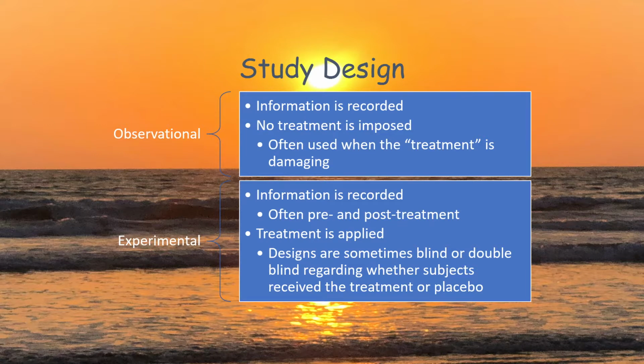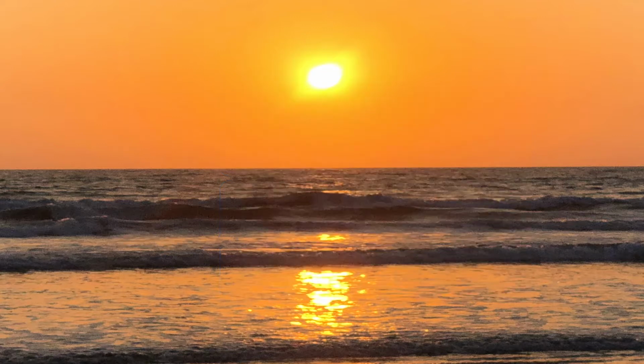Placebo is just, they think they're getting a treatment, but they're not. And the double-blind means that the actual scientist or researcher doesn't know if the subject is getting the treatment or the placebo. All right?